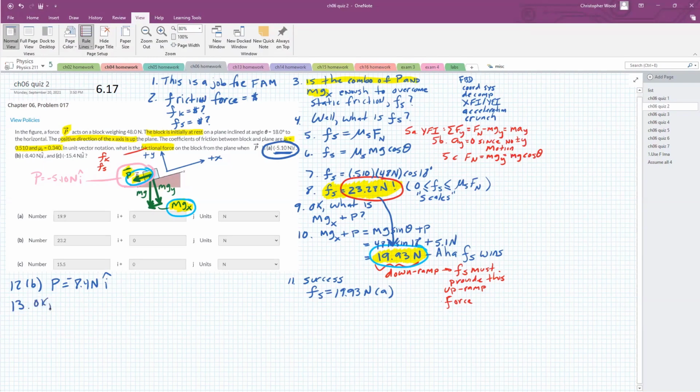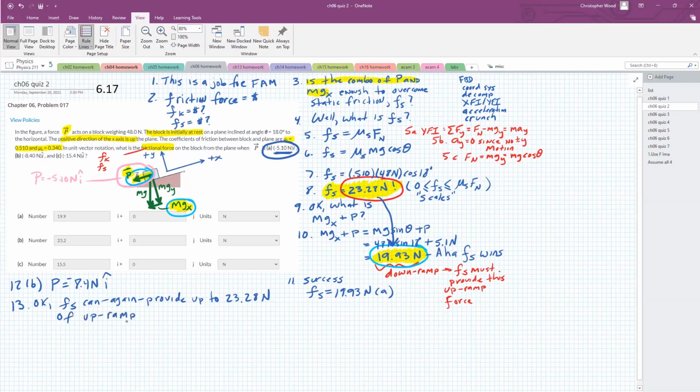Okay. I still, F sub S can, once again, provide up to 23.28 newtons of up the ramp force.